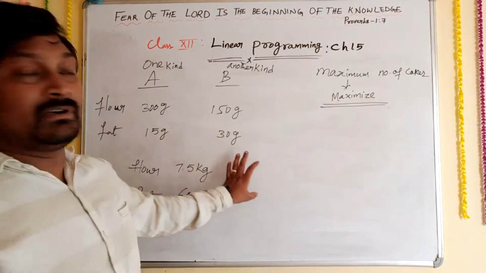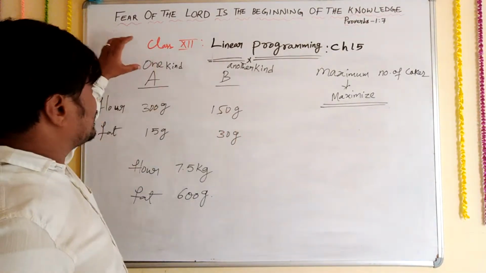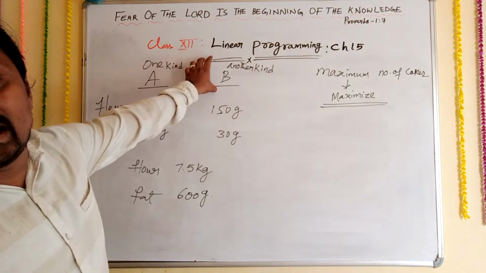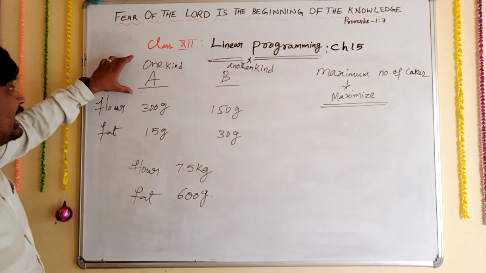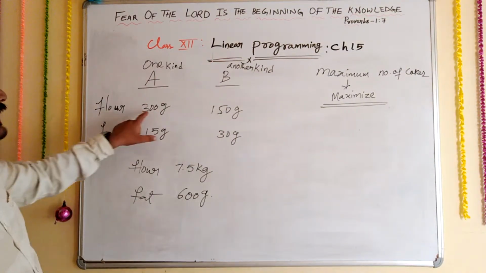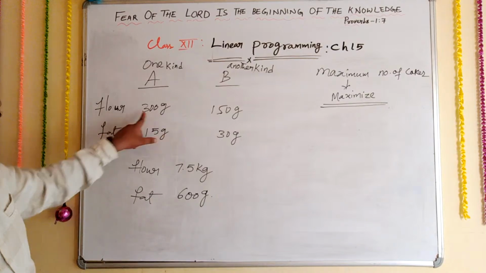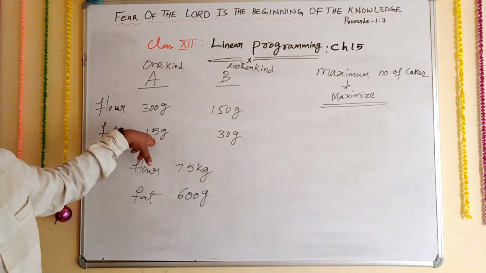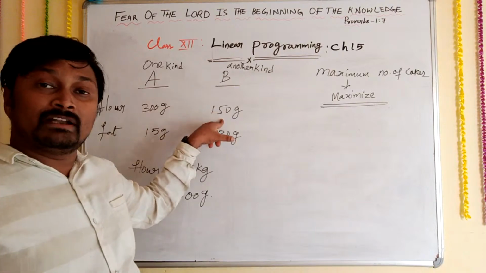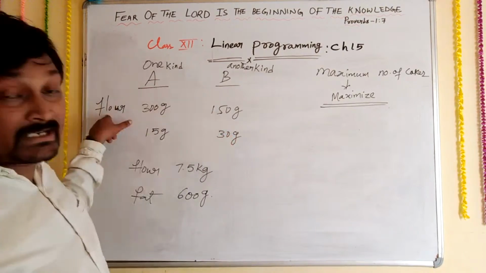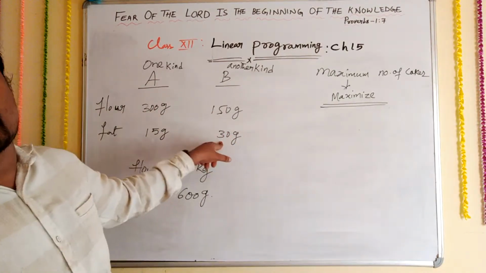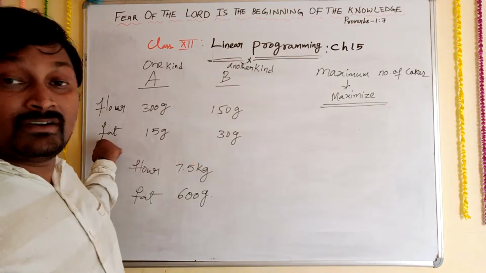Okay. So what was they given? Just understand first. They given A kind and B kind cakes. For making A kind cake, 300 grams flour required and 15 grams fat required. And B kind, 150 grams flour required and 30 grams fat required. Okay.